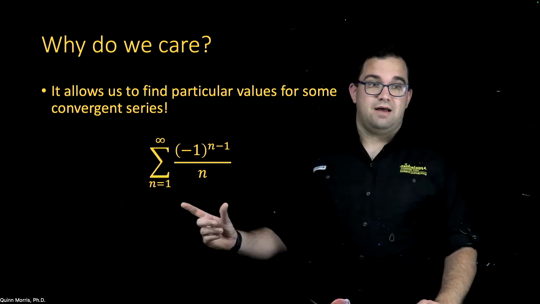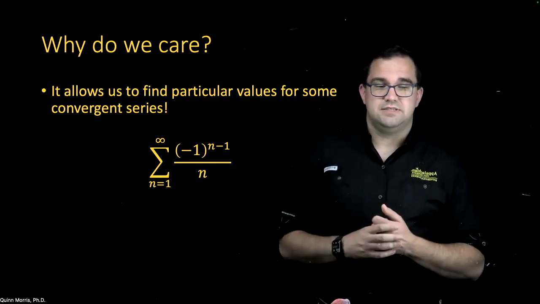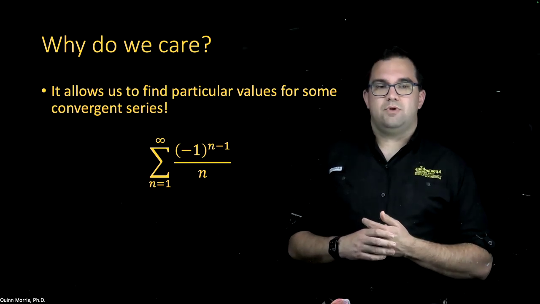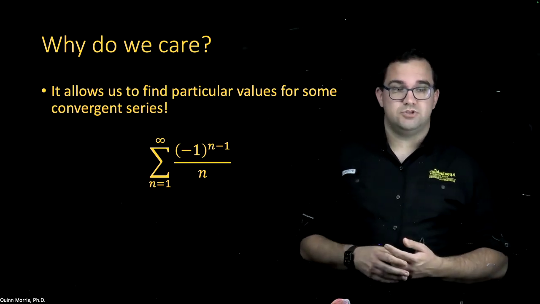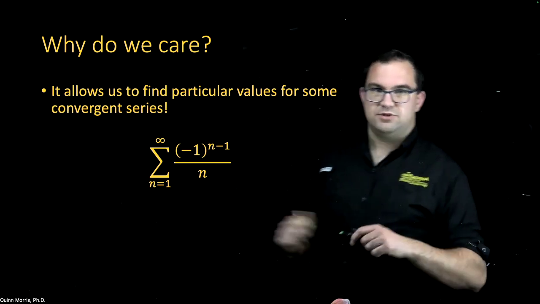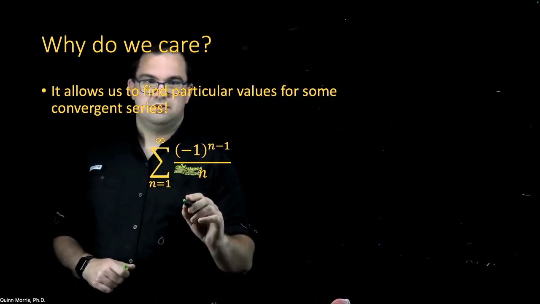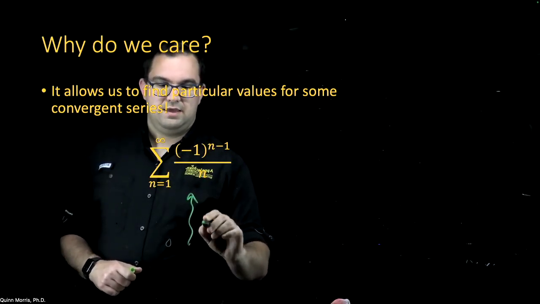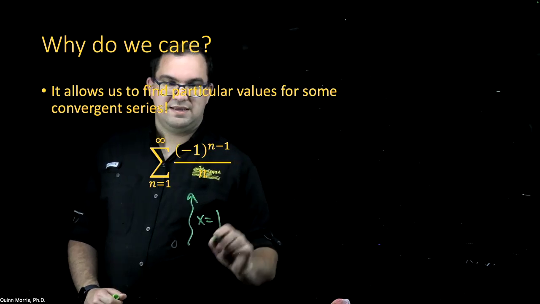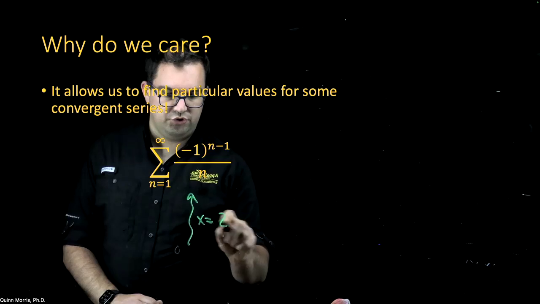But say I know that this converges. I can prove this converges by the alternating series test. But the question I might want to know is, what does this converge to? If I look at this, it actually turns out that this is a Taylor series evaluated, sorry, not at 1, but at 2.